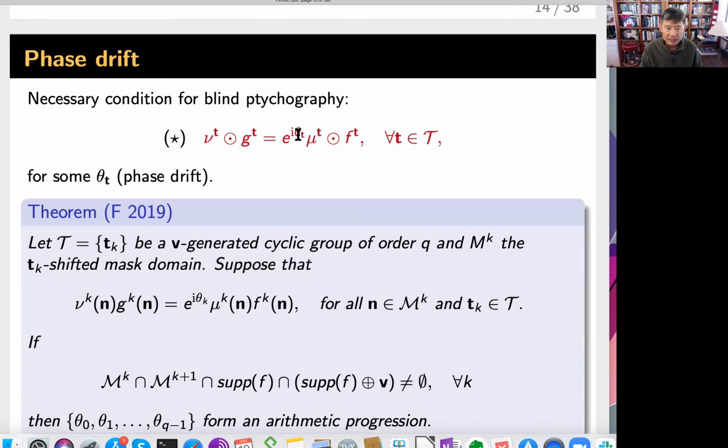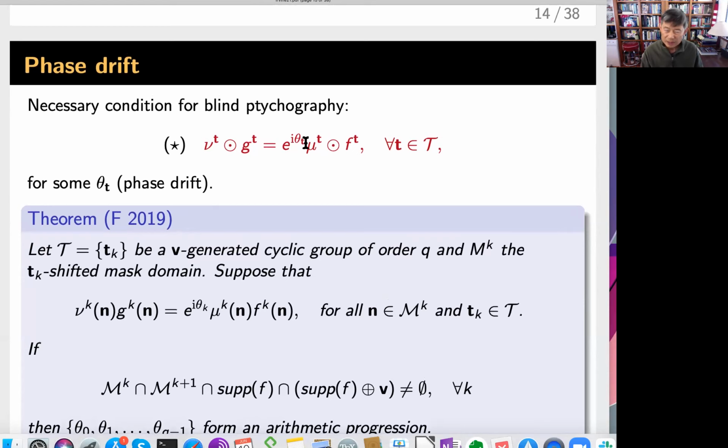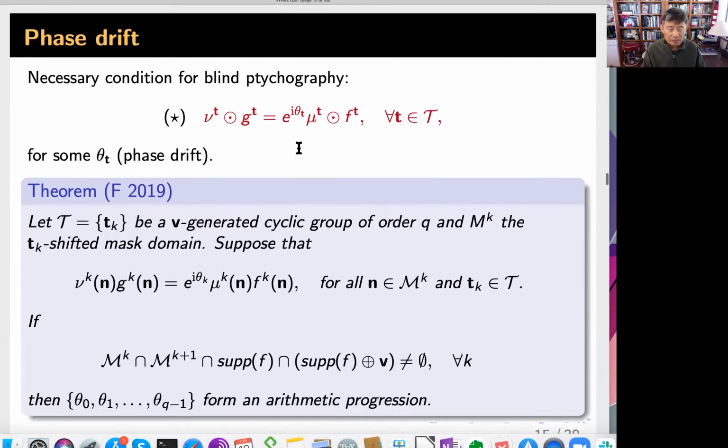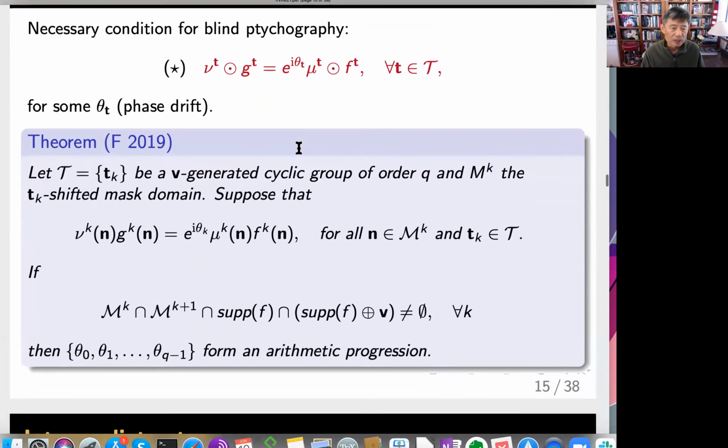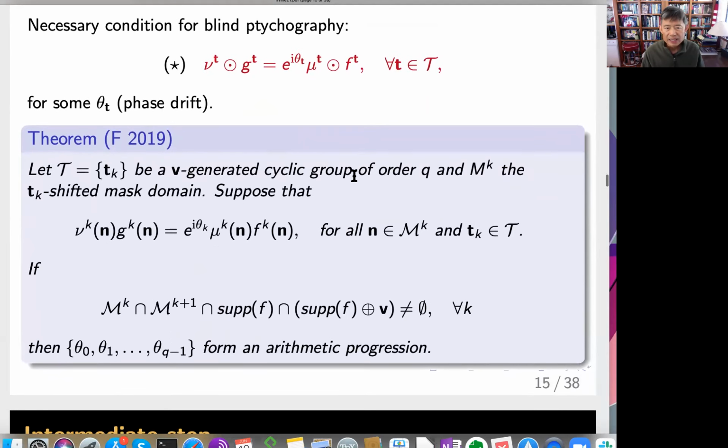I refer to theta_t as a phase drift, because it does drift typically: when t changes, theta_t also changes. So it's not a constant phase factor. What we can prove is that in the case of a cyclic group of order Q, like a raster scan in other words, the theta_t must form an arithmetic progression.